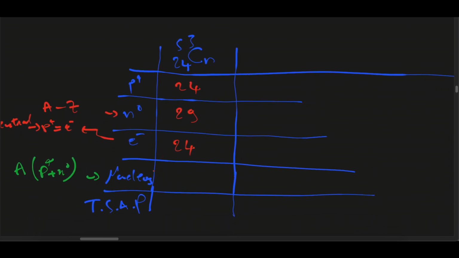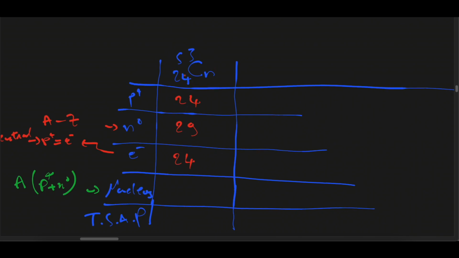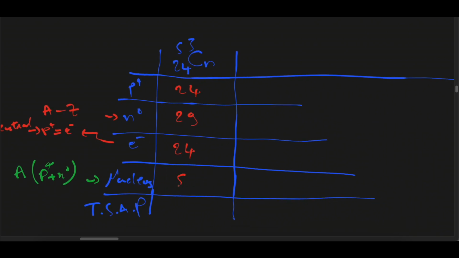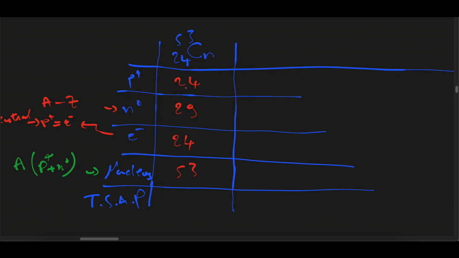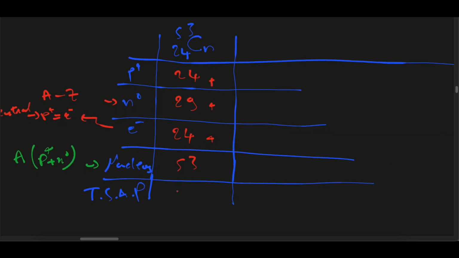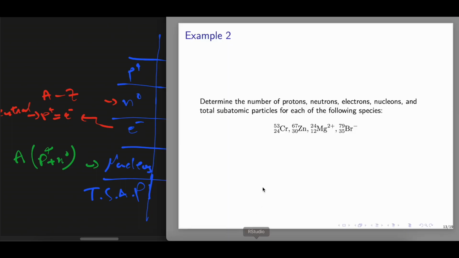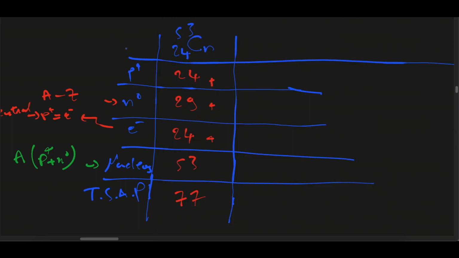The nucleons represent only the mass number, which is 53, and for the total subatomic particles we have to add the protons, neutrons, and electrons, which gives 77. The same thing applies to the second species, which is zinc.